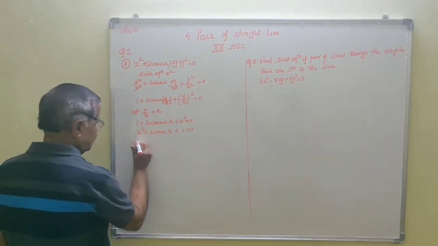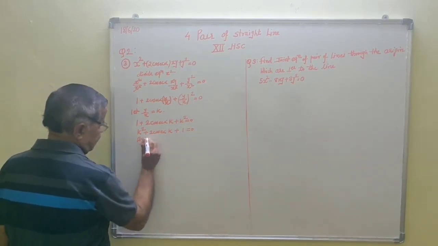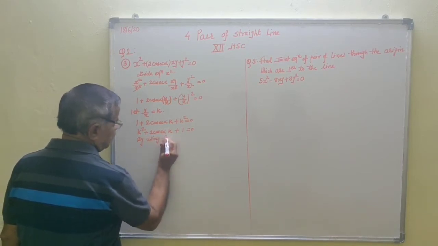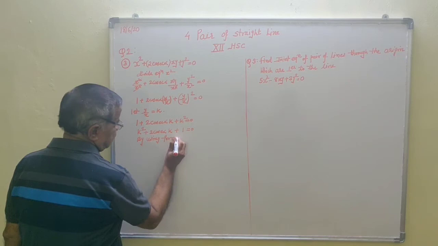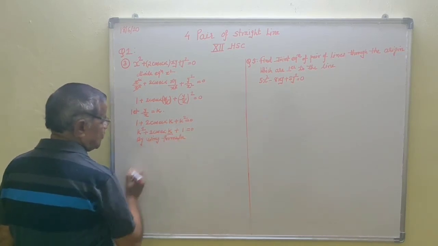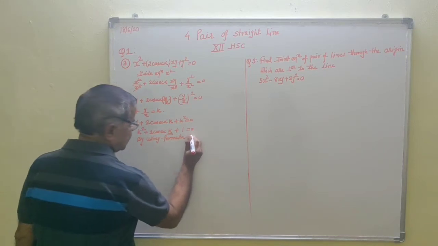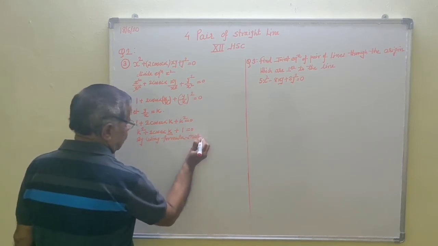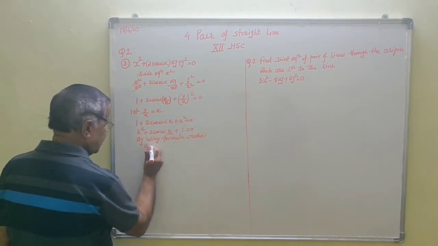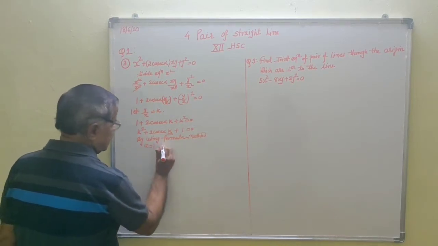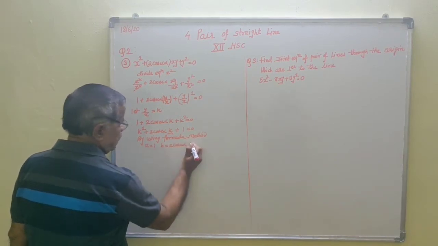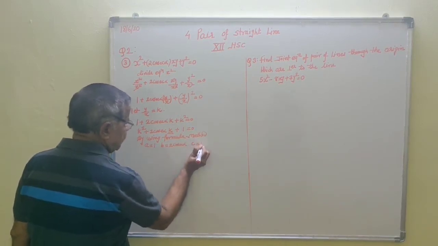By using the formula method, you can factorize this equation so that you can find the value of k. For this you must know a, b and c. The value of a is 1, b is 2 cosec alpha, and c is equal to 1.